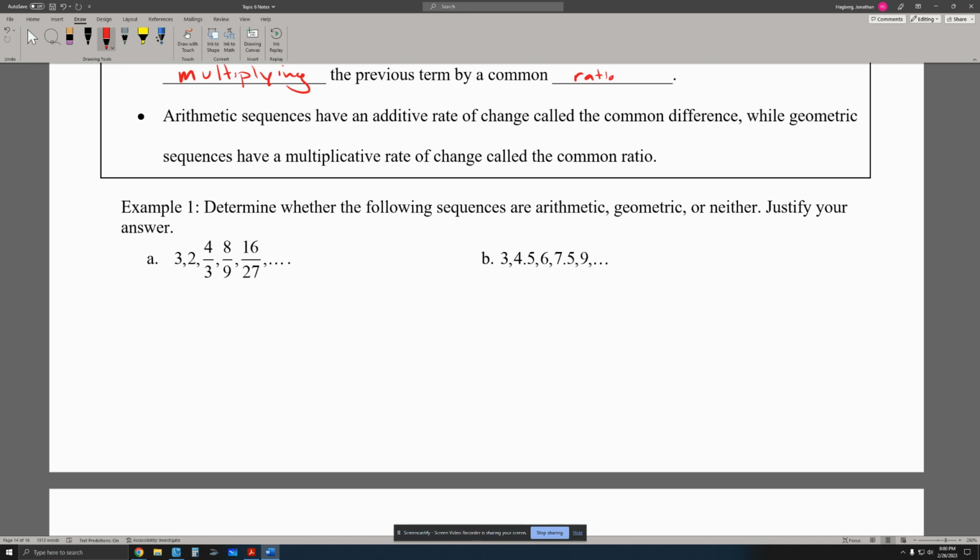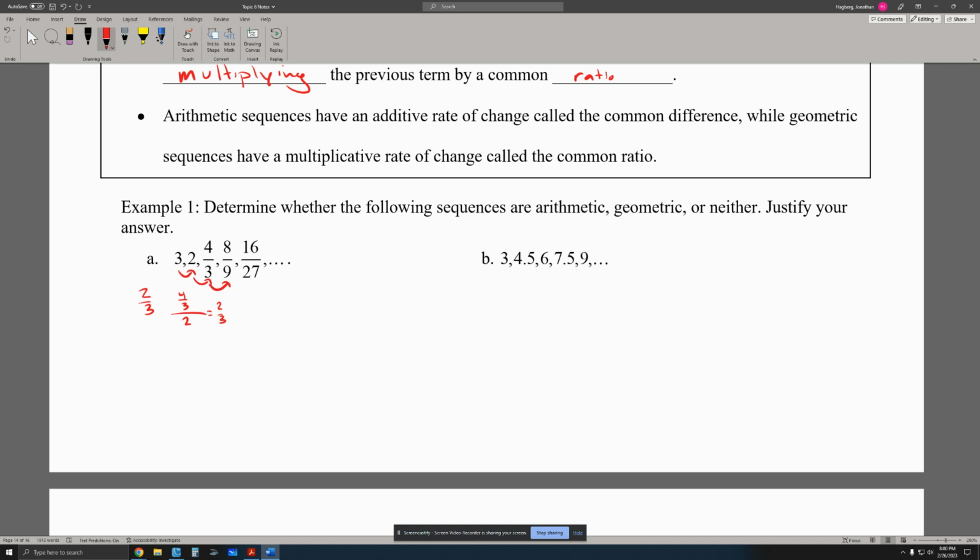Well, let's see if we can take the ratio of subsequent terms and see if it has a common ratio. So if I were to take 2 divided by 3, then that ratio from the first to the second term is 2/3. If I were to take 4/3 and then divide it by the previous term 2, this would be equal to 2/3. So that holds as well.